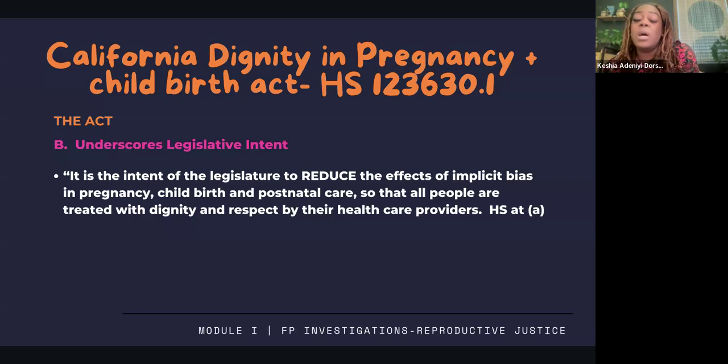Showing up next to someone's hospital bed after they've just given birth is not dignity and respect. Showing up with law enforcement guns drawn is not dignity and respect, right? And again, unless there's an immediate threat to this child, the actions of the family policing system that are typically done should not be done.